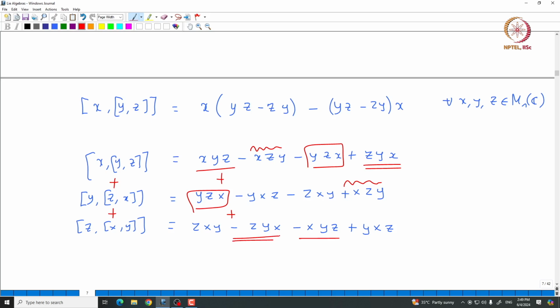Similarly, this yxz is getting cancelled with this, and the remaining zxy is also getting cancelled with this. So if we add all these three together, then we are getting 0. So this proves the Jacobi identity.